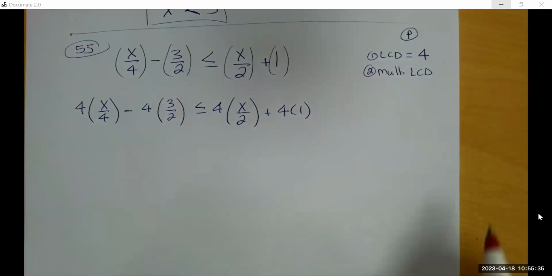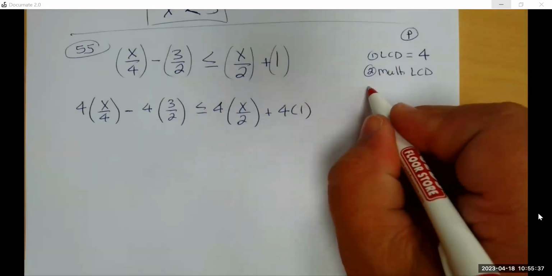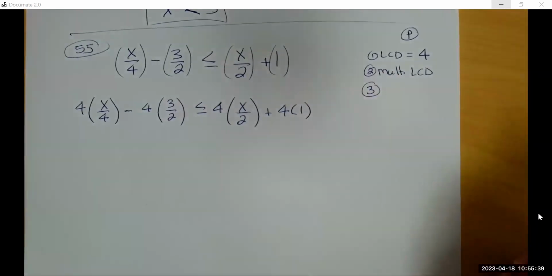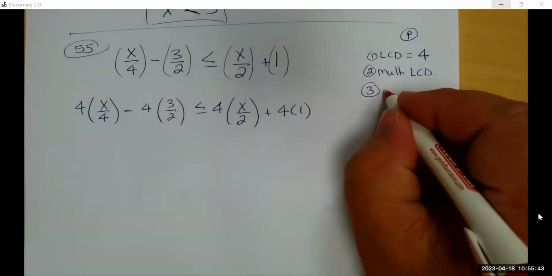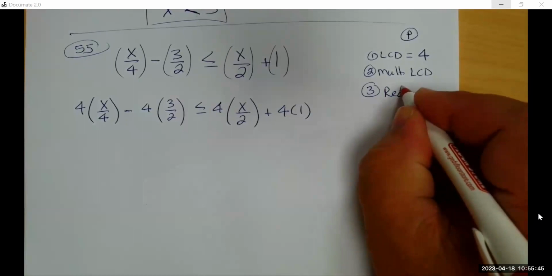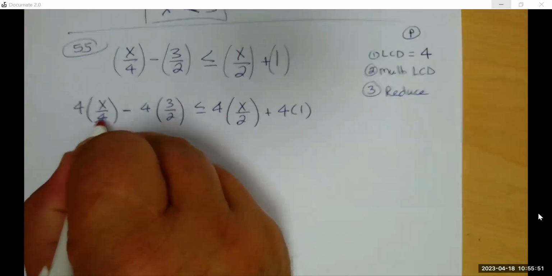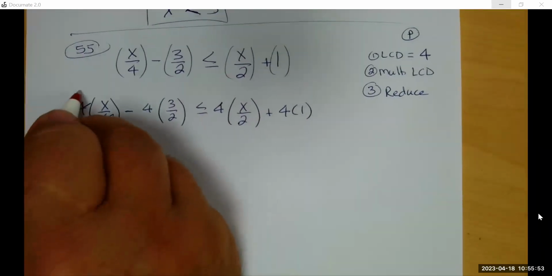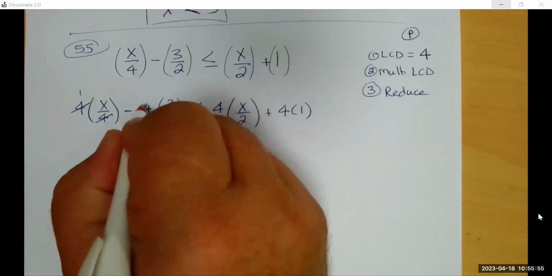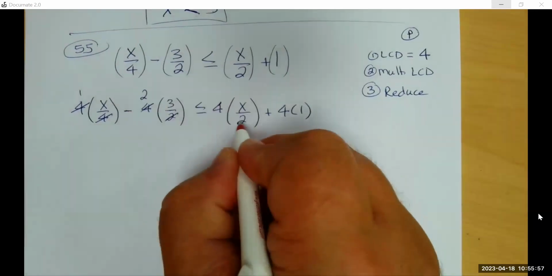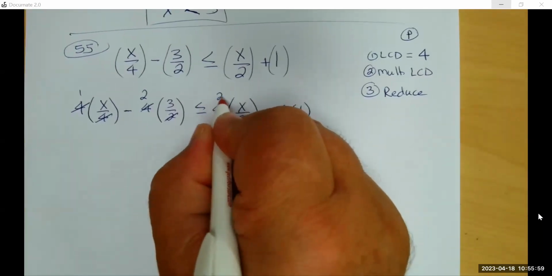So you multiply each one. Reduce, cancel, eliminate the fractions. 4 goes into 4 once. 2 goes into 4 twice. 2 goes into 4 twice.